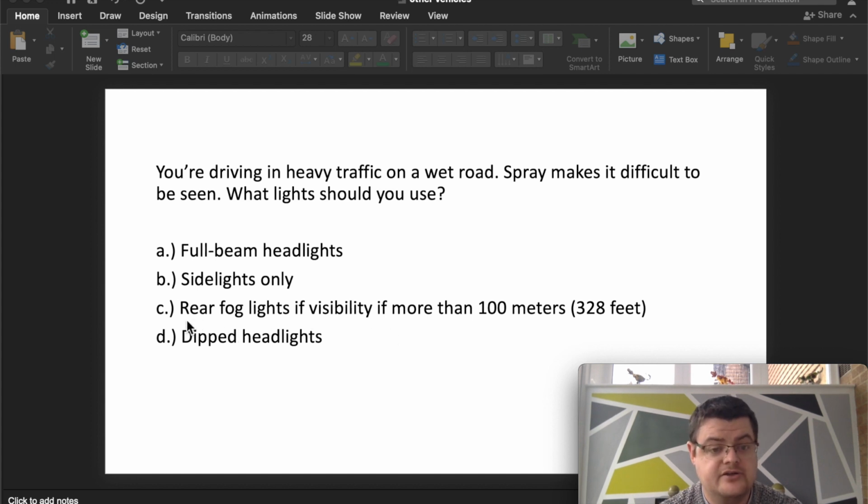If they changed the answer to rear fog lights if visibility is less than 100 metres, that would make a bit more sense. But the fact that it says more than doesn't make any sense at all. So it's not going to be option C. Also, because it's saying fog lights, and we're not driving in fog, we're driving on a wet road. So let's think about these three options, A, B and D.